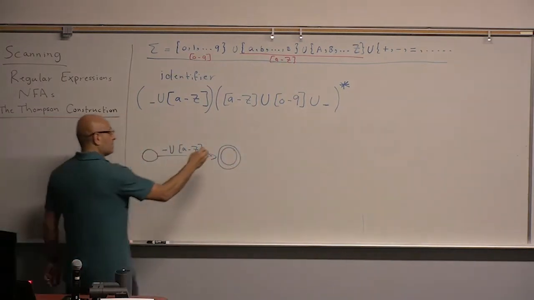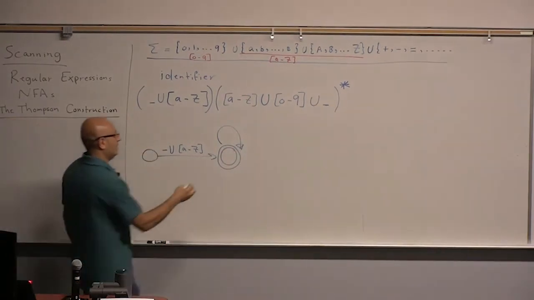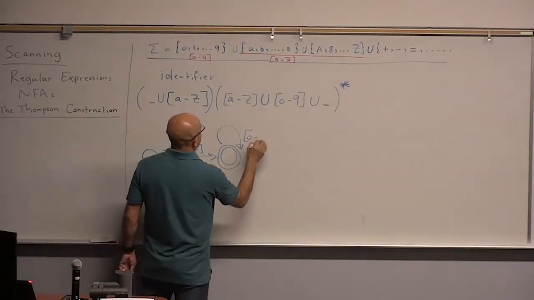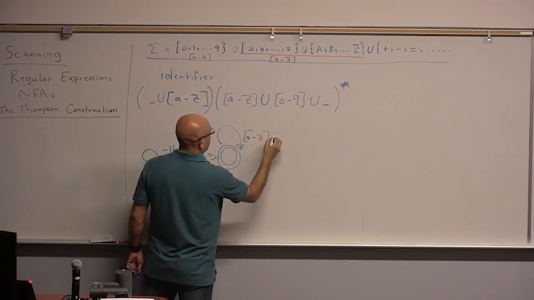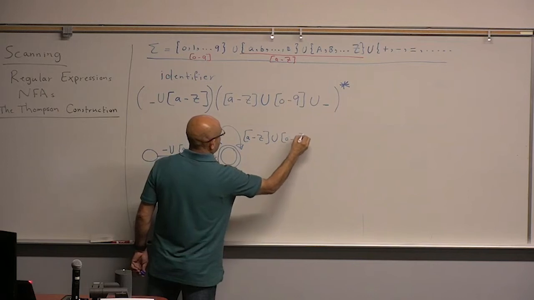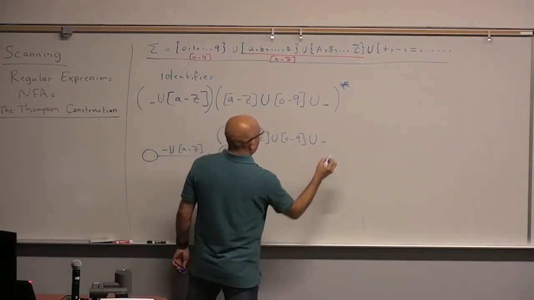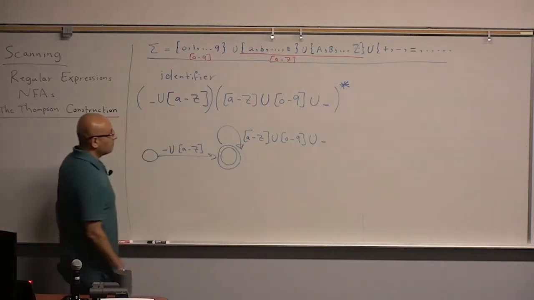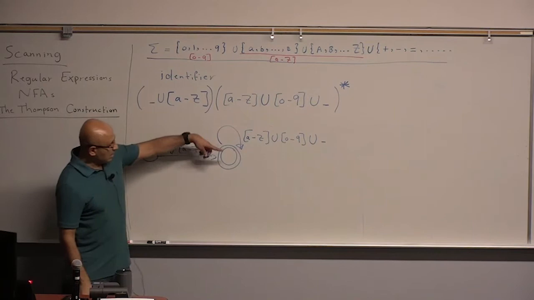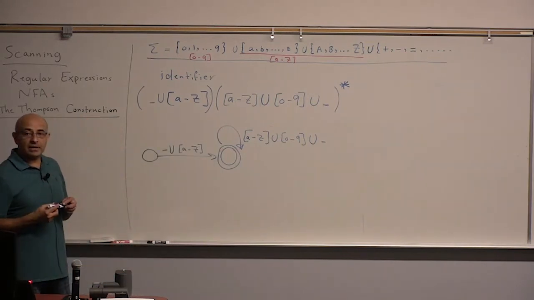And in this accept state, you have a loop with A to Z or 0 to 9 or underscore. So you can loop here. Okay, so this is the corresponding NFA.